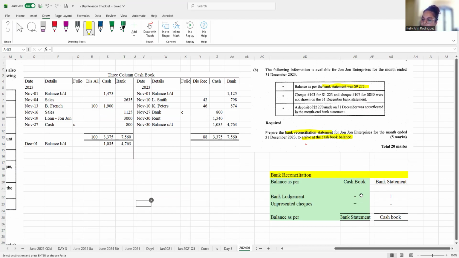Which one of these 2 reconciliations are we going to start with? You have a bank statement amount and they want you to arrive at your cash book balance. So hence the reason you'll be using the opposite from your cash book to your bank statement reconciliation. So you start with your bank statement balance of 92.75.